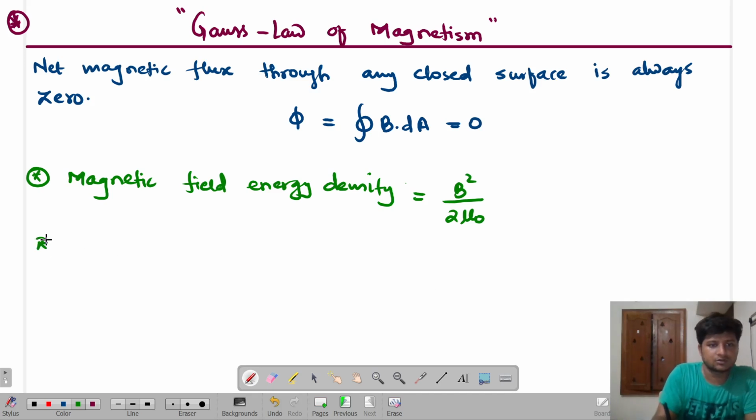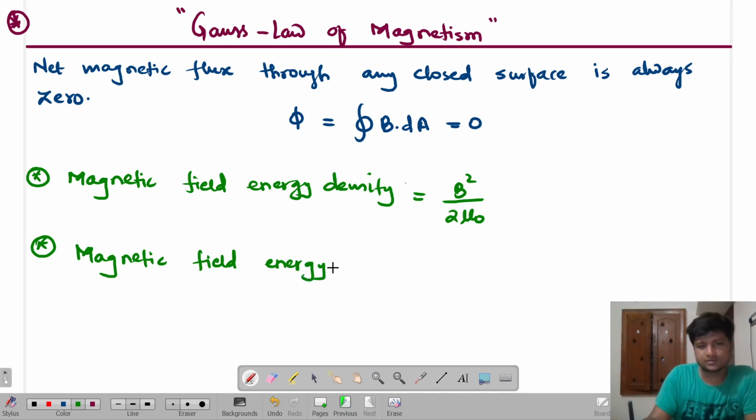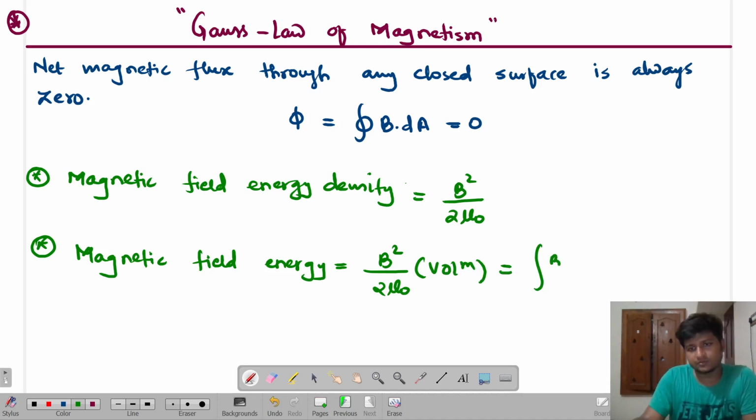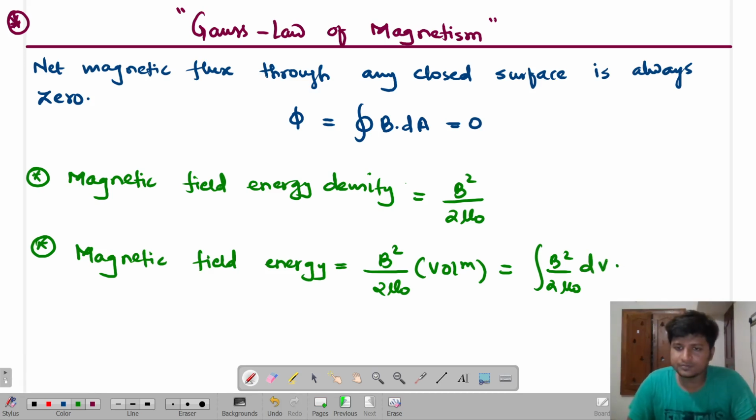And therefore magnetic field energy is given as B square by twice mu naught into some volume, or it can also be written as the integral of B square by twice mu naught dV, where this V is capital V, which is volume. Got it?